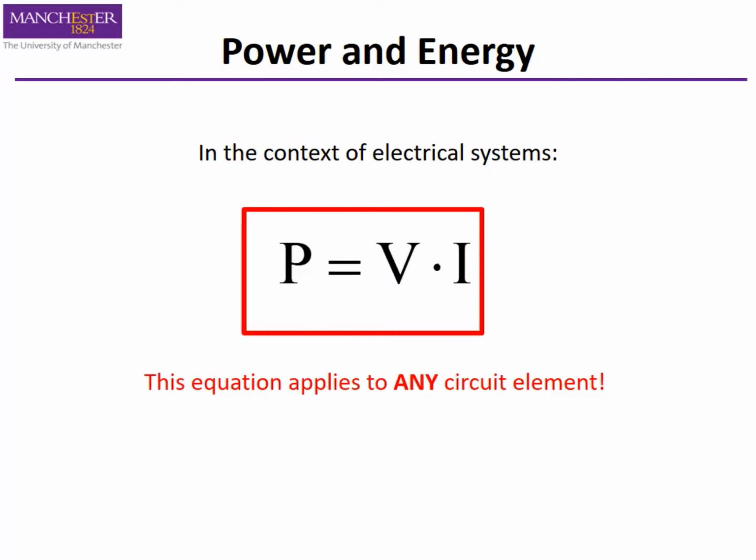And the very important point to remember is that this equation for power applies to any circuit element. We may come across some other equations that may only apply to resistors, that may only apply to inductors or capacitors or voltage sources or current sources, but as far as this particular expression is concerned, it applies to any circuit element.